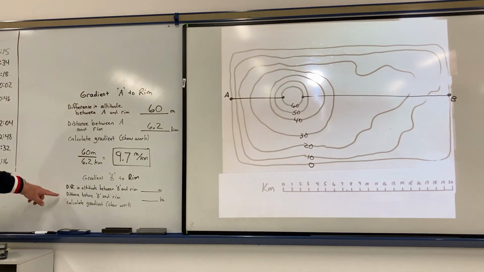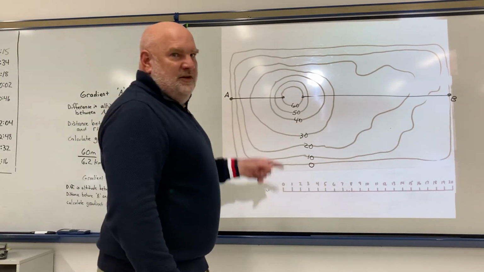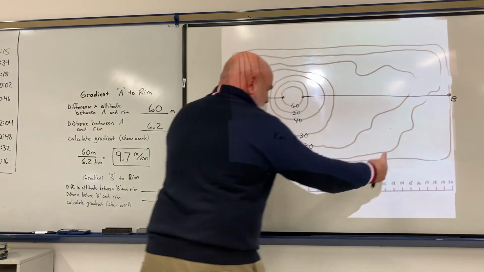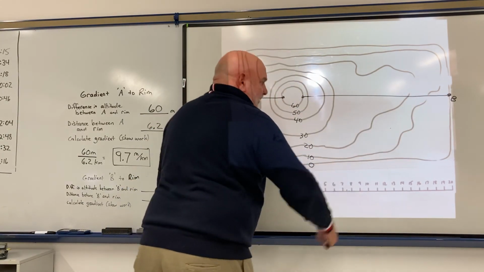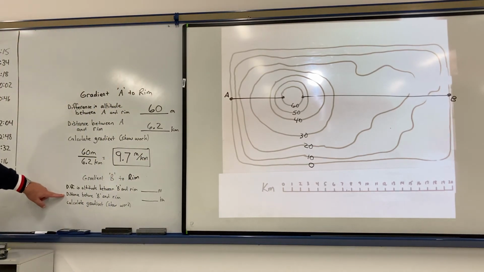Distance between B and rim, you just look at the image on your screen. If you just mark off this distance on a piece of paper and then go to this scale right here, whatever that works out to be, that's what you can write right there. And then to calculate the gradient, it's just going to be that number divided by that number, just like I did on top here.